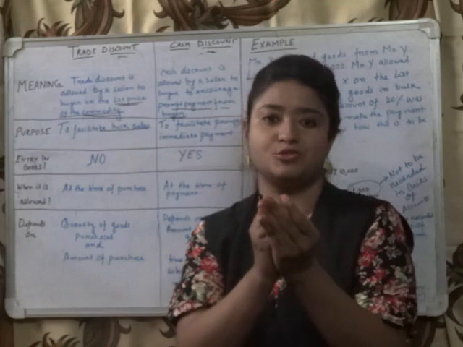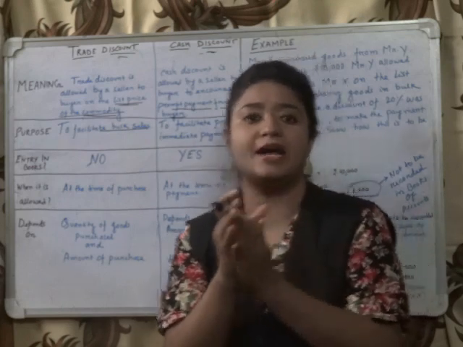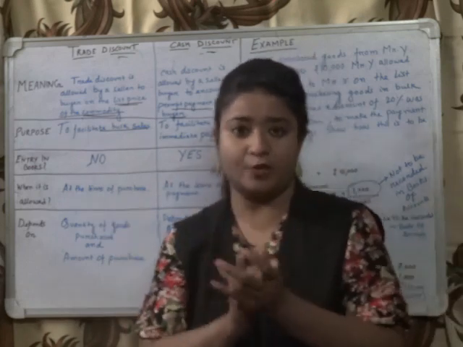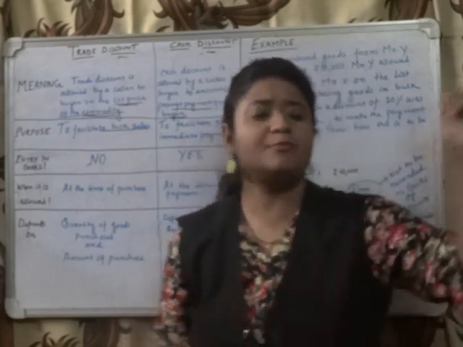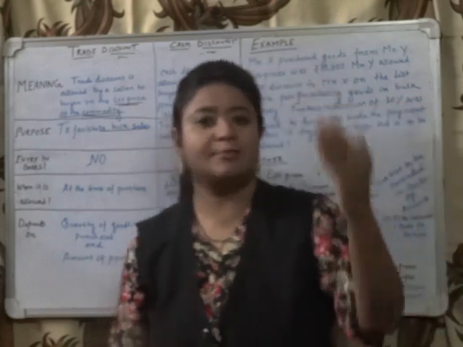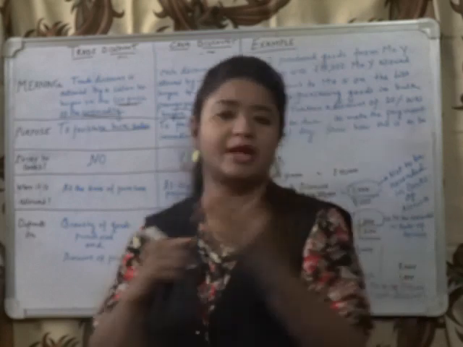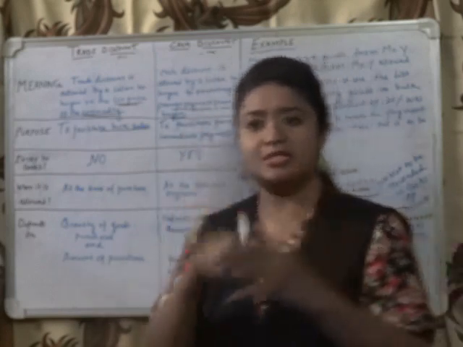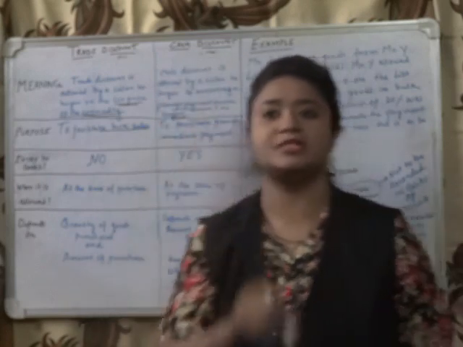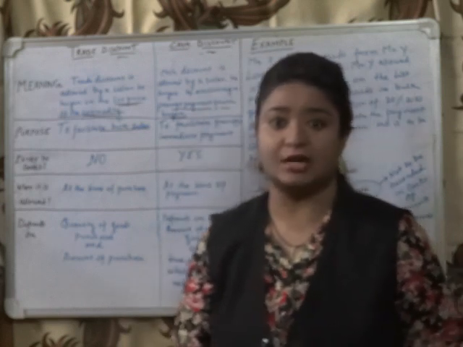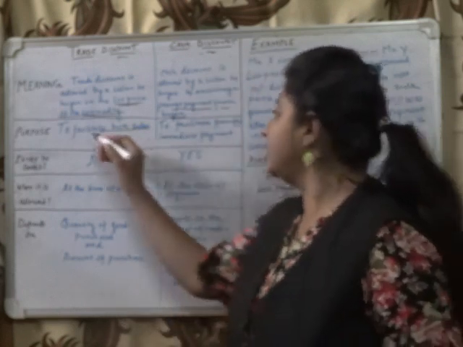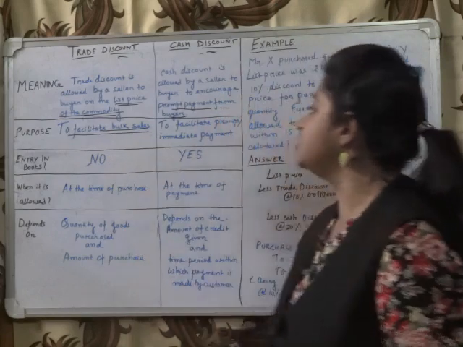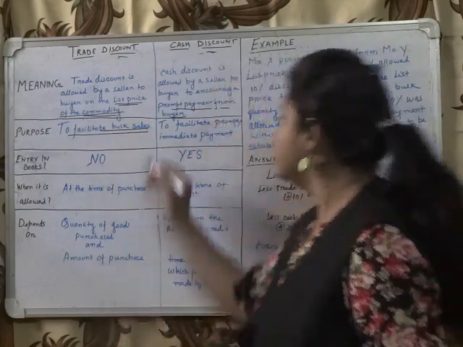Retailers usually buy a very big quantity of products from the wholesaler. There are many wholesalers in the market, let's say A, B, C, D, so the retailers buy the products from the wholesaler who is giving more trade discount. So it is generally conducted to facilitate bulk sales.